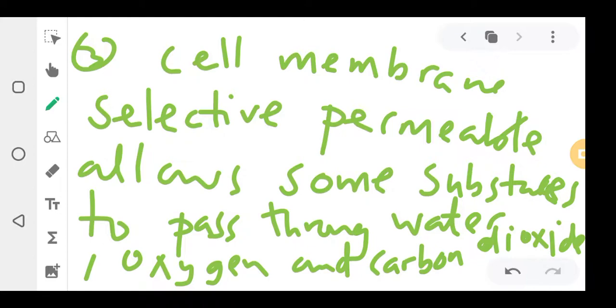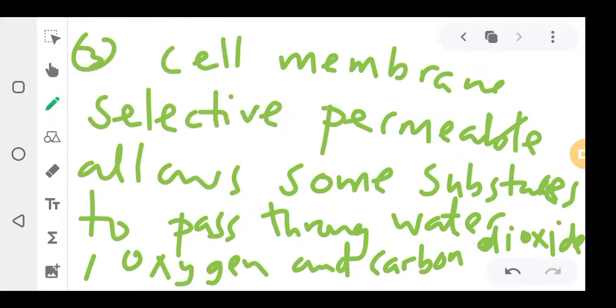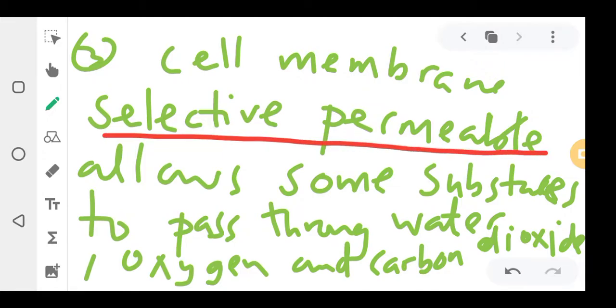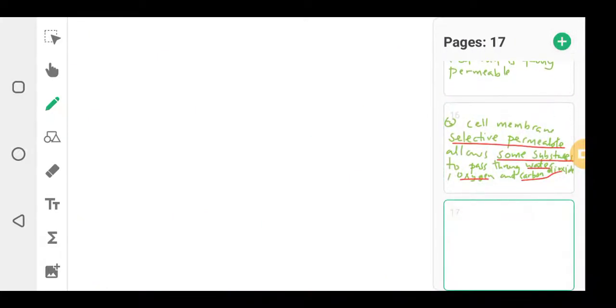So it is selective permeable. Because of that, it allows certain substances to pass through. When I say certain, I mean water, oxygen, and carbon dioxide. Okay?